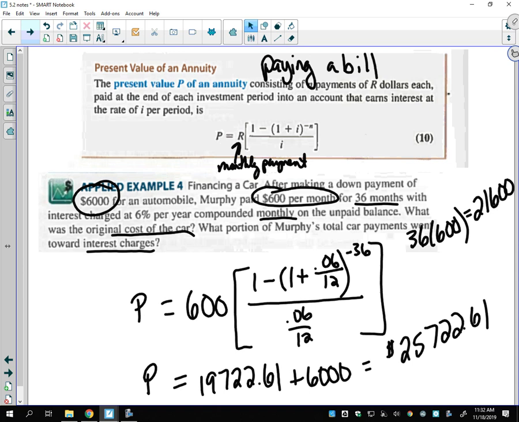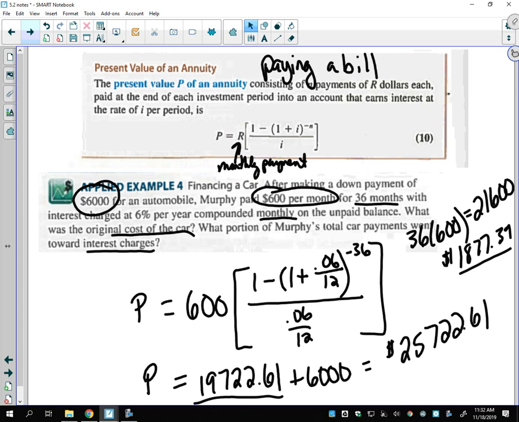But when we did this, we got 19,722. So if you subtract that, that'll give you how much interest you paid. So 21,600 minus 19,722.61, Murphy paid $1,877.39 in interest. And that's why banks give you loans, right? They make money off of it.